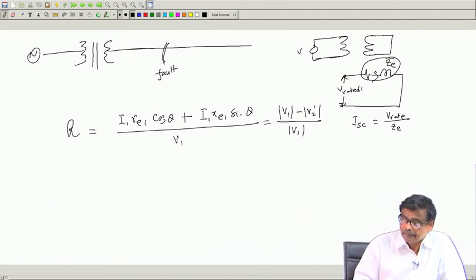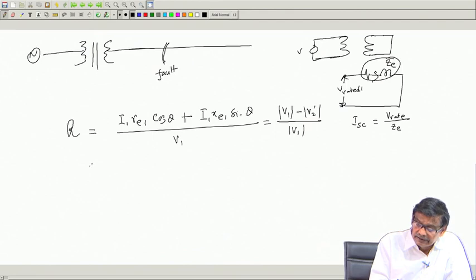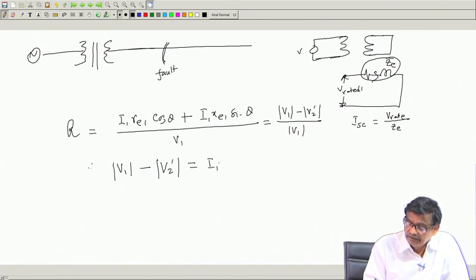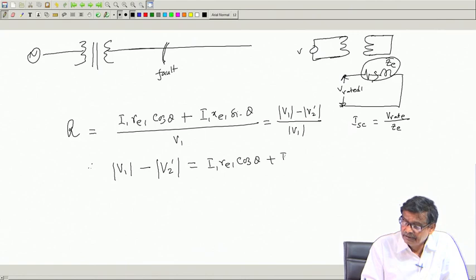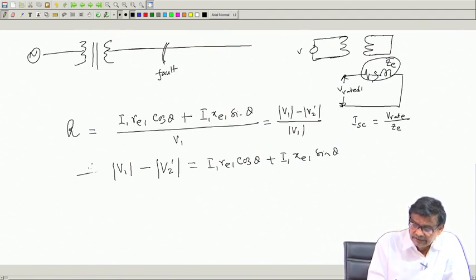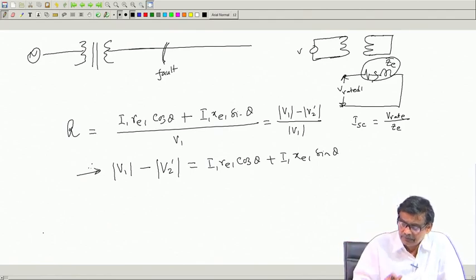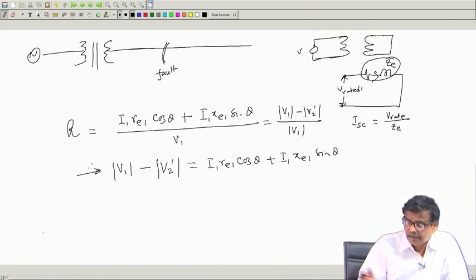Therefore, you see that this magnitude of V1 minus V2 dashed, the numerator only, is I1 Re1 cos theta plus I1 Xe1 sin theta. What does this mean? This expression is often used to calculate one important thing apart from regulation.